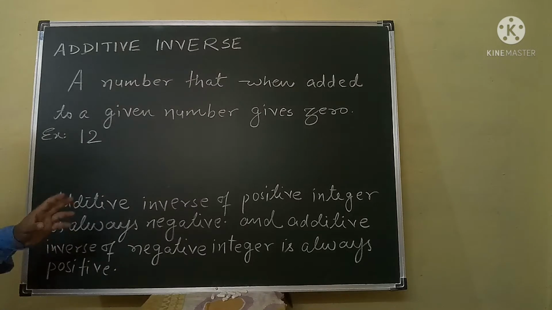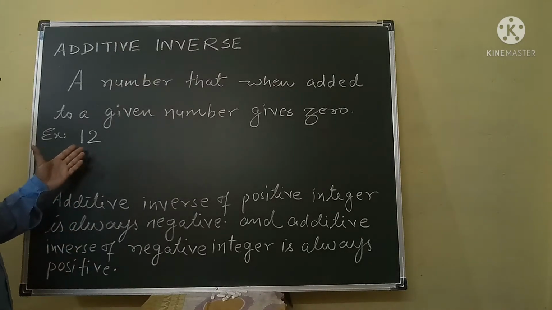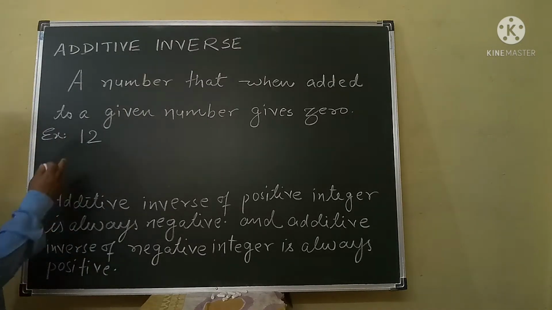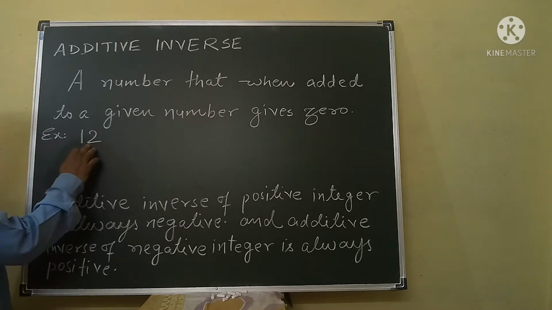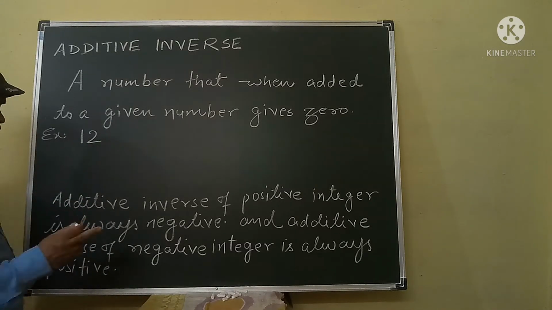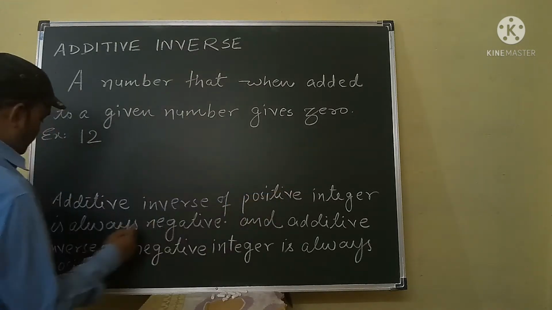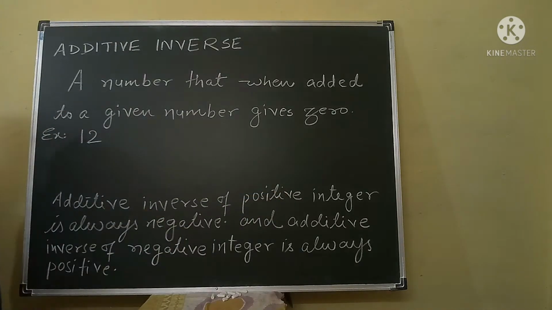So what will you do? You know very well 12 is a positive integer, and according to the statement, additive inverse of a positive integer is always negative.